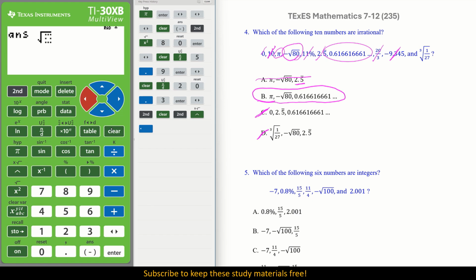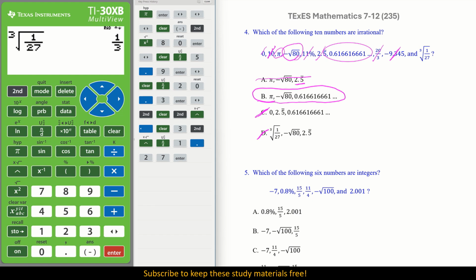Okay, so let's clear that out again so you can see it. I'm going to push my 3 first and then second, caret up. See what it did? It popped it up for me. And now I'm going to put in my fraction. Remember, I use the fraction button. Then I put in a 1, go down and put in 27, push enter.